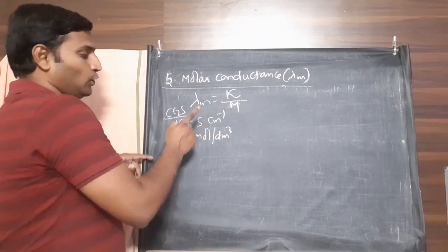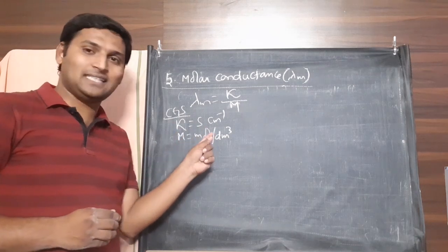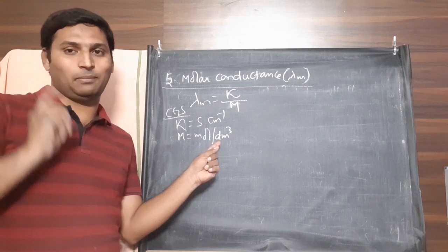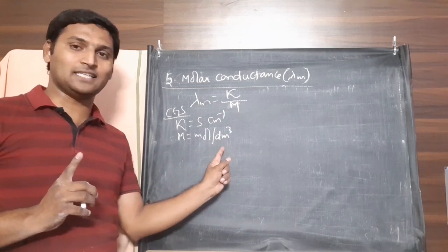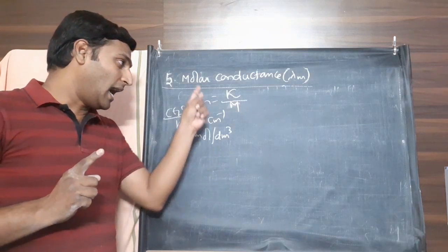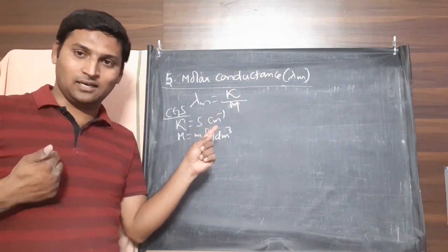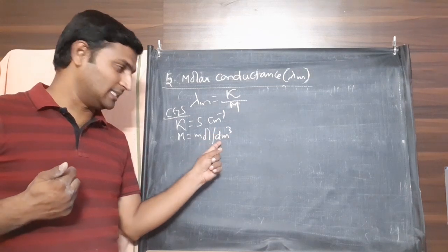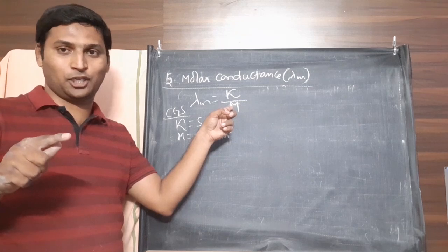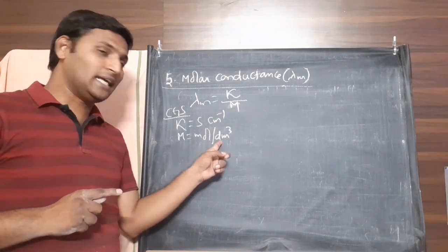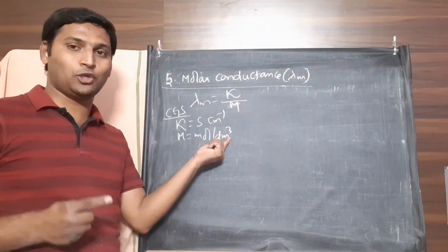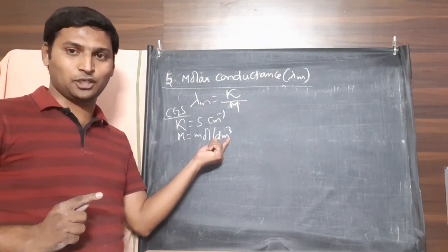Now you know very well 1 decimeter cube is equal to 1000 centimeter cube, or 1 liter is equal to 1000 milliliters. Molarity is given to me in moles per liter, that is decimeter cube, but I want the value here in centimeter cube. That's why 1 decimeter cube is 1000 centimeter cube. So in the place of decimeter cube, I must place 1000 centimeter cube, right?